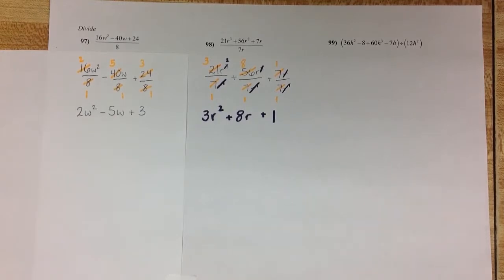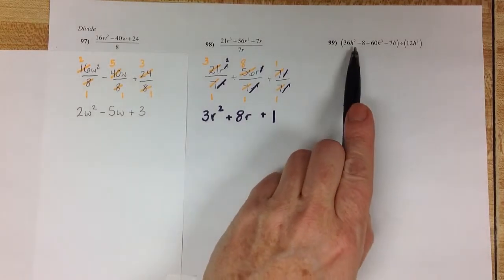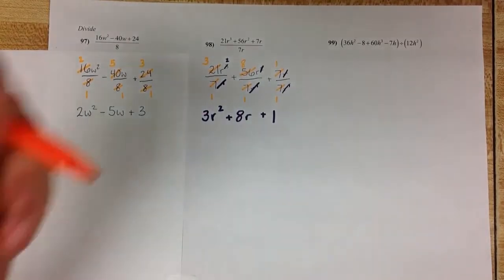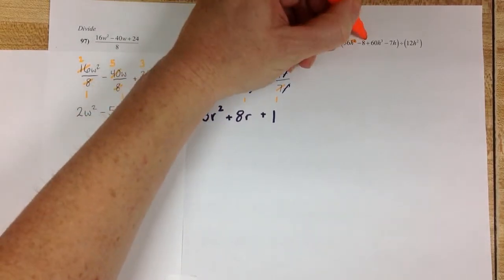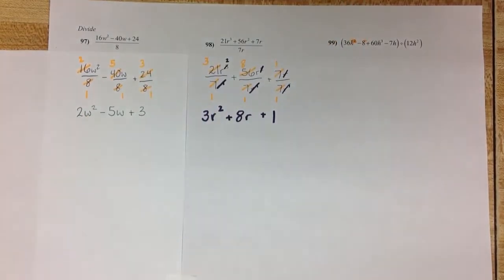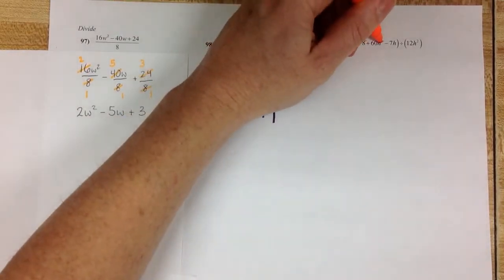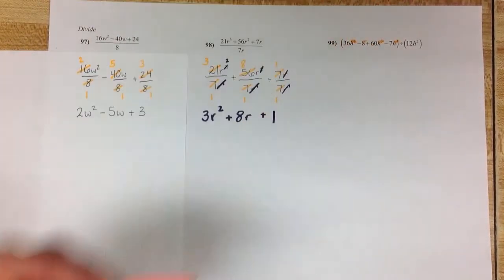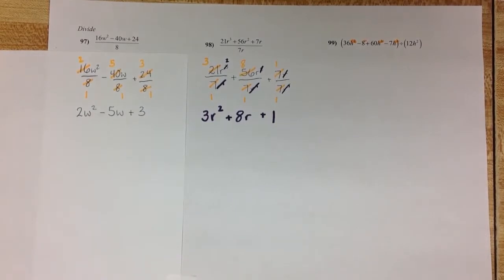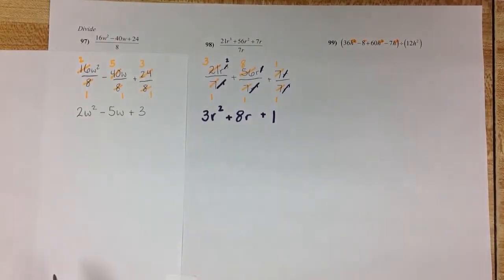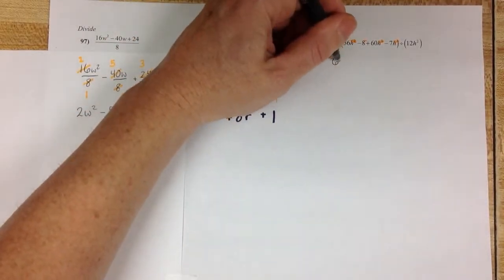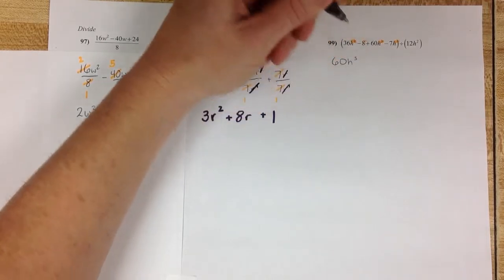In this last problem, we're going to do a little rearranging before we do the math, because if you look at the exponents here, we have an h squared in our first term, an h to the 0, because there are no h's, in our second term, an h cubed here, and an h to the 1 here. So I want to rearrange this so that I have my polynomial written in standard form, which would be descending order of exponents. So I'm going to make this a 60h cubed.